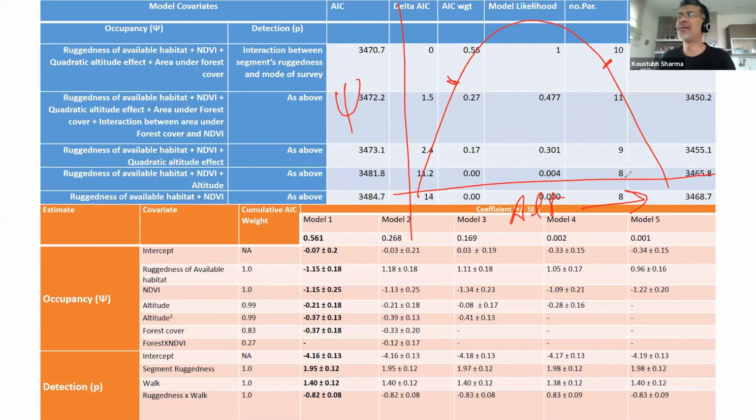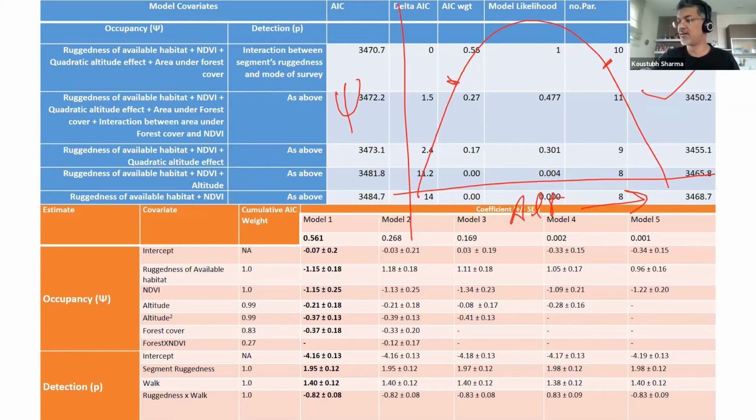And that completely matches the ecological hypothesis here, where we know snow leopards do not use very high altitude areas because there's nothing for them to eat, or prey to eat, and snow leopards do not tend to use very low altitude areas, again, because it's too low for them, away from the mountains. And then of course snow leopards avoid forests and so on.